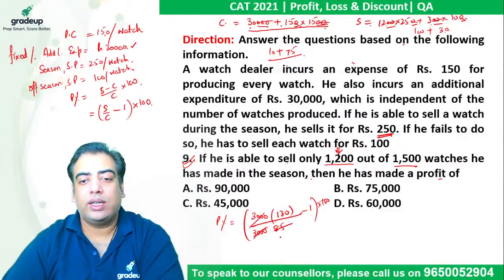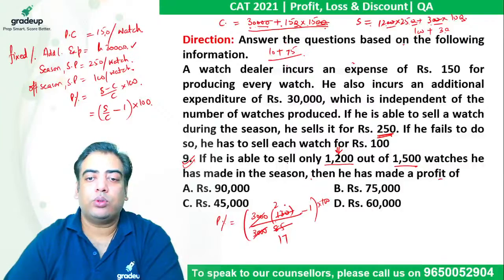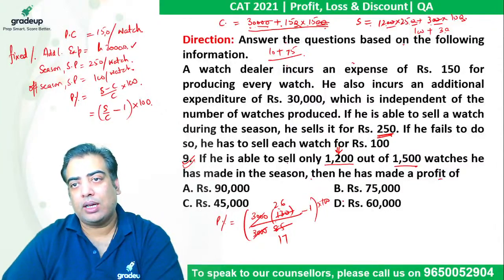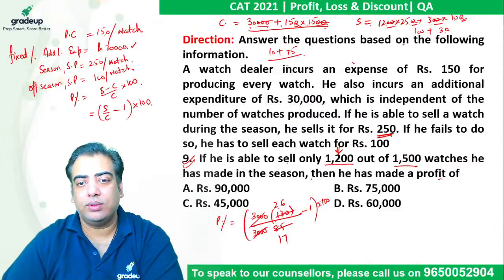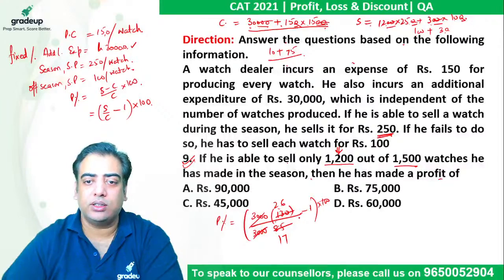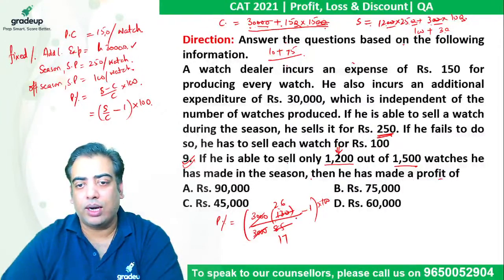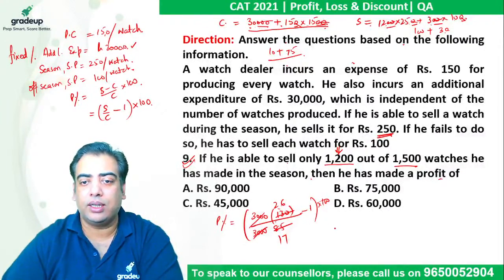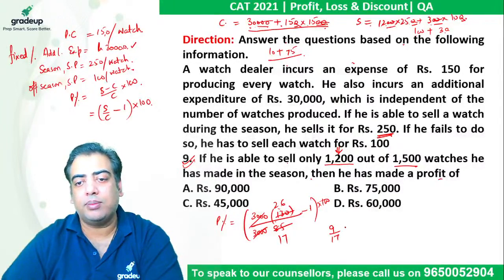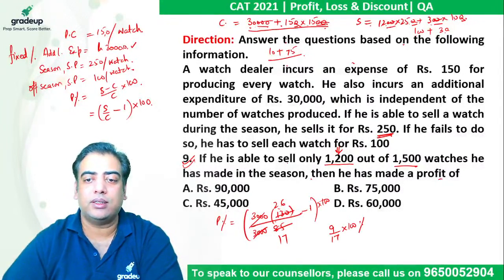So it gives me 5 times 1, 5 times 7, 5 times 2, 5 times 6. So 26 minus 17 comes out to be, rather, we are required only profit value. We are calculating profit percentage, which was anyhow not required, but still let's do it now as we have done it. It is equivalent to 9 by 17 into 100%.